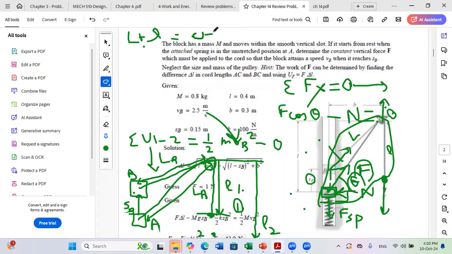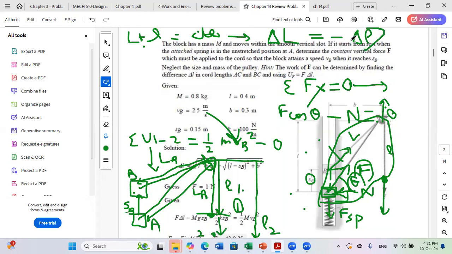Okay? So since the summation is constant, then you can say that delta big L, the variation in length of the cable from the part of the block, is equal to minus delta small l, which is the variation of length from the side of your hand. Okay, and your hand will pull downward the cable with a distance of delta small l.